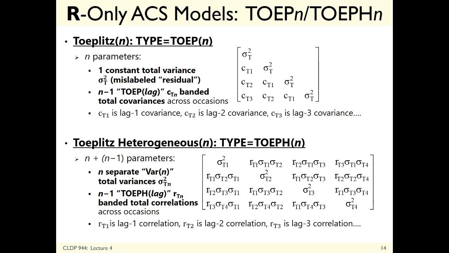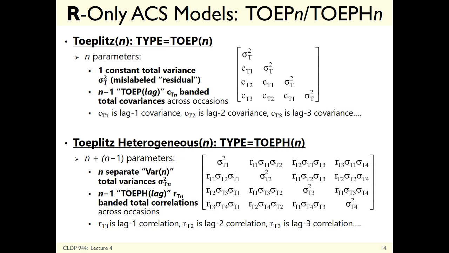Last but not least, Toeplitz. How many parameters in this one? N, right? It says right here, N. That's how many. How many is N? N means number of occasions.